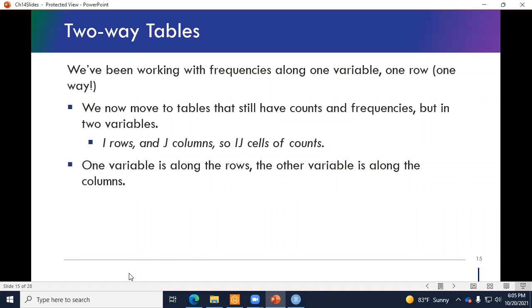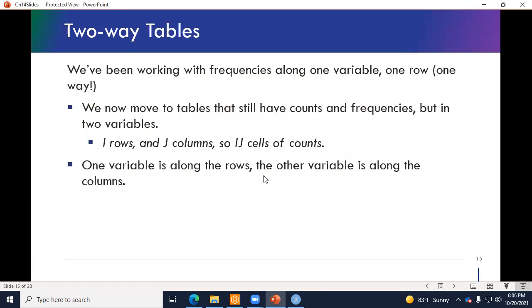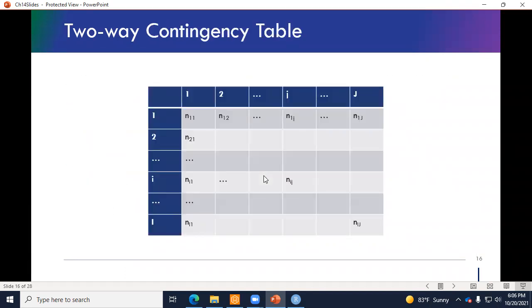Basically you will see something like this: on the rows you have different categories for one variable, where we have I categories for the first variable, and for the second variable we have J categories. We call this a two-way table. You saw this at the beginning, in one of the first classes, with blood type and groups, where you can see the probabilities of each box.